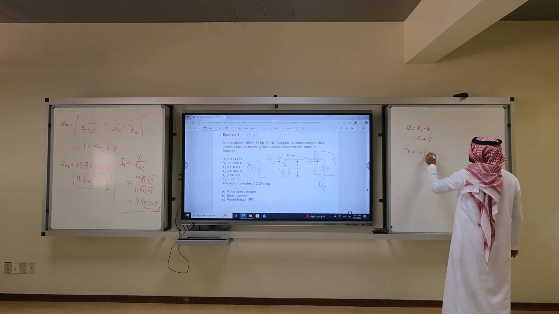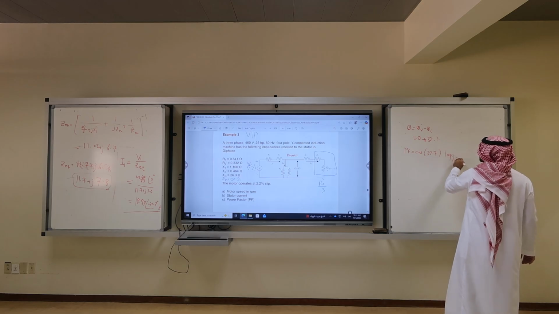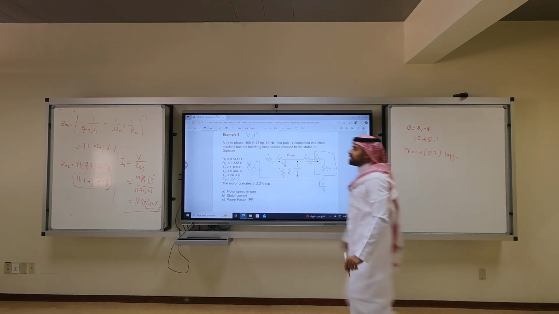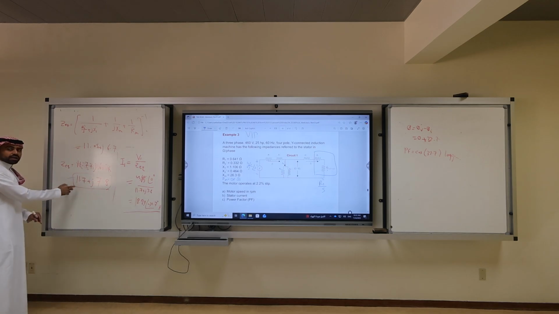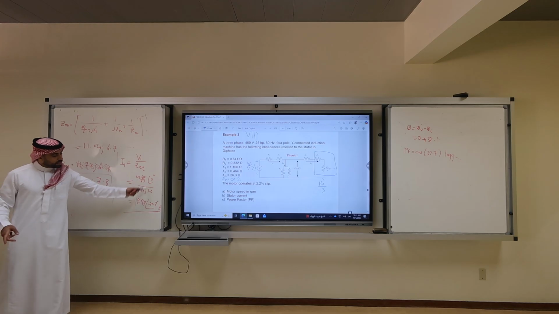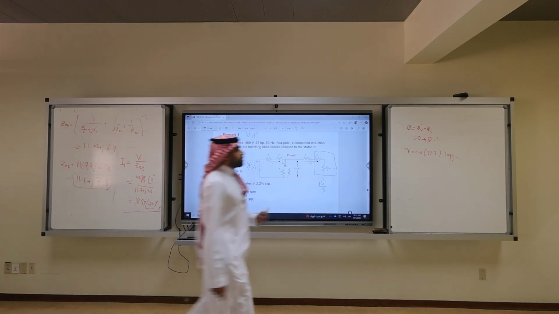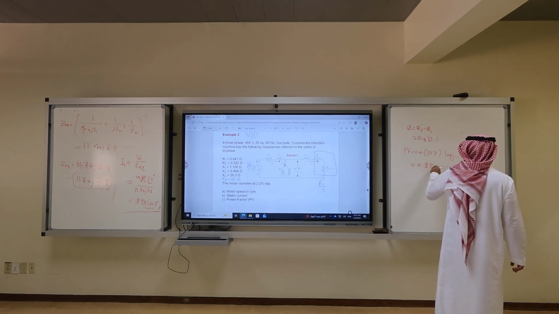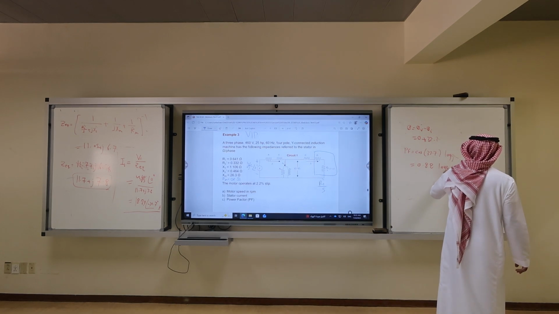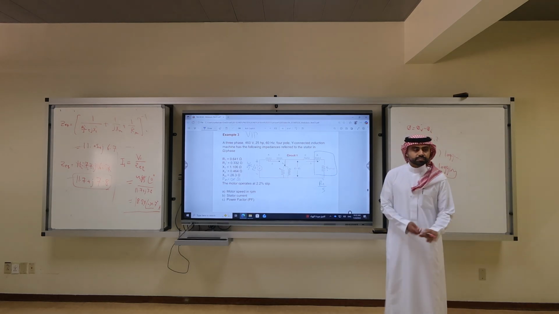Cosine of theta, lagging. Why is it lagging? Because we have an inductive load. You can get theta from the angle of the voltage minus the angle of the current. What's the answer? 0.83. Clear?